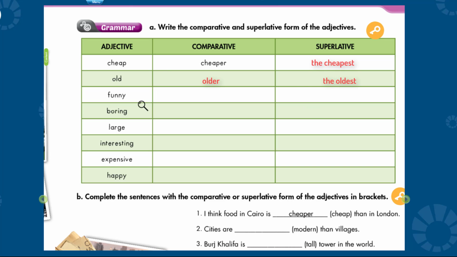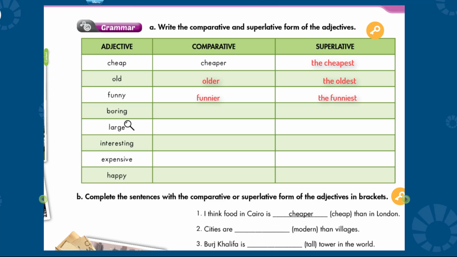Funny is an adjective had 2 syllables ending with the letter Y, so we change the letter Y into the letter I before we add er. In superlative adjective, we also change letter Y to letter I before we add est, right? Funny, funnier, right? Funnier. And here, the funniest. Very good. So the next one we have boring.